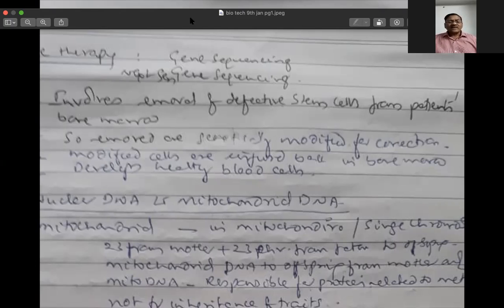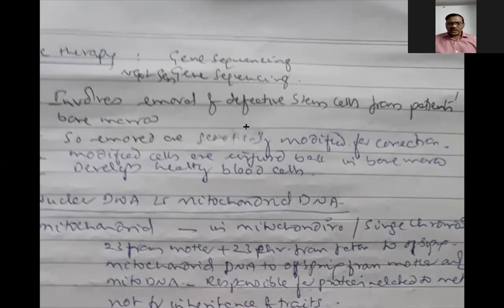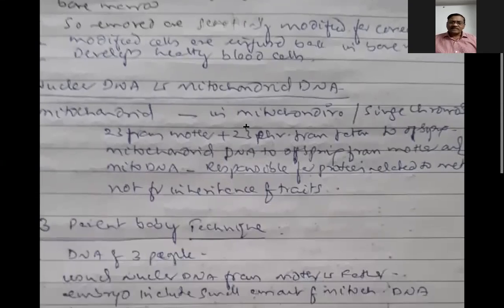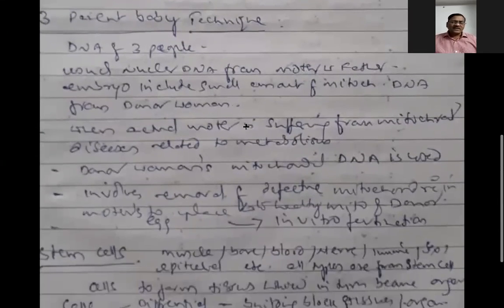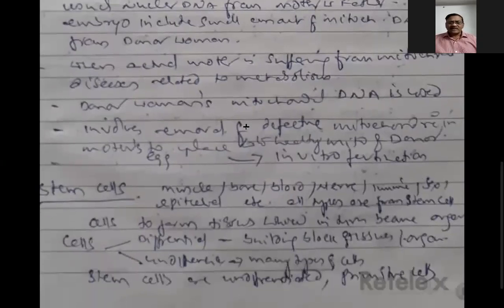An undifferentiated cell is capable of producing a bone cell, a nerve cell, a blood cell; all 220 kinds of cells can be produced by an undifferentiated cell. But a differentiated cell, if it is meant for producing muscle tissue, produces muscles only. It is very specific. Undifferentiated cells are present where they need to be.